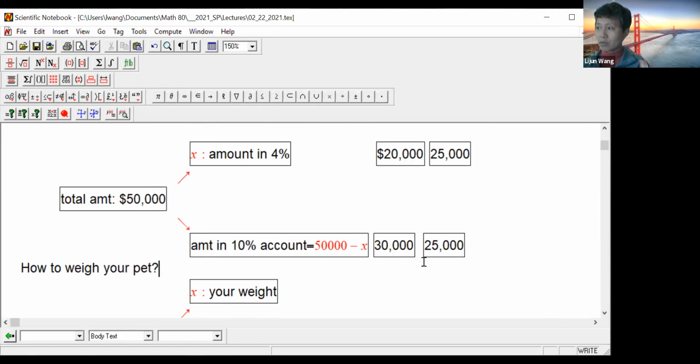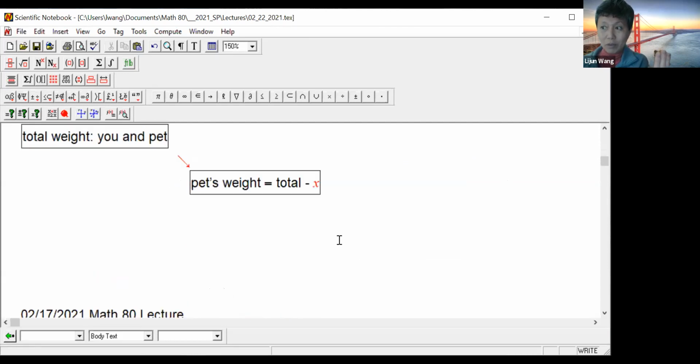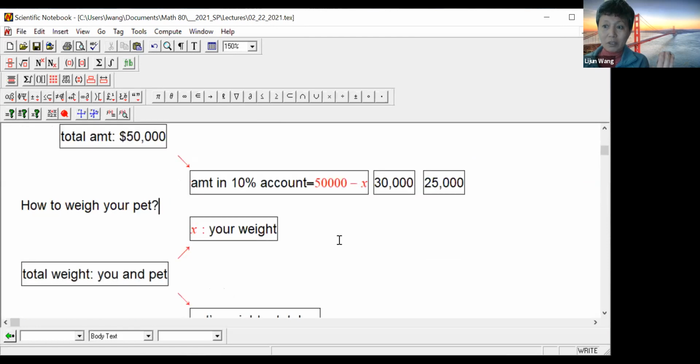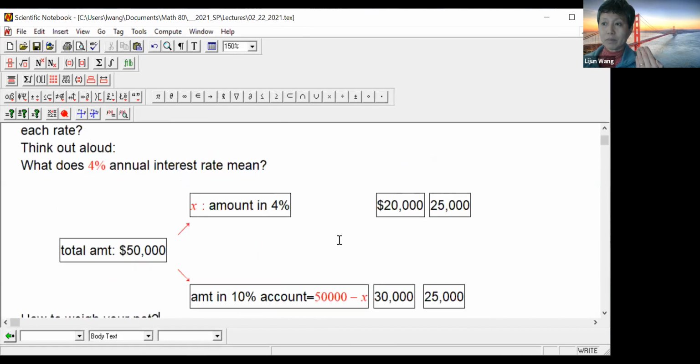Does 25,000, 25,000 work? Does 40,000, 10,000 work? You're going to experiment. That's going to take a lot of time. It's kind of hit and miss, and there are so many numbers you could have used. Therefore, it's not a good idea. So we use the algebraic method.